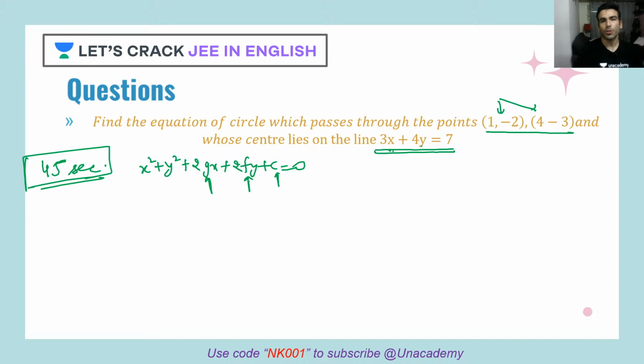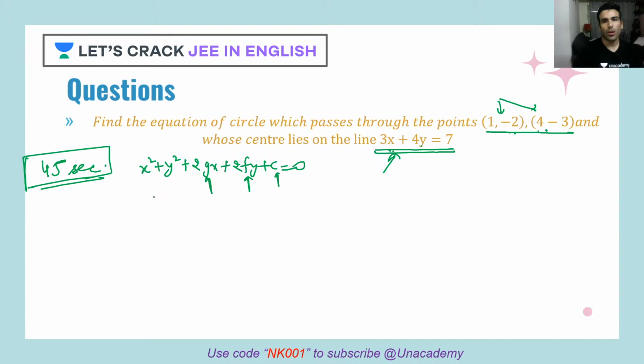As you can see, when you put these 2 points, you get 2 equations. But for the third unknown variable, you'll have to use this equation. So you can simply form 3 equations and solve this question.